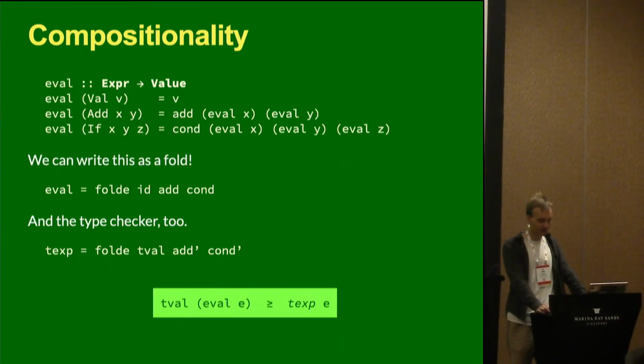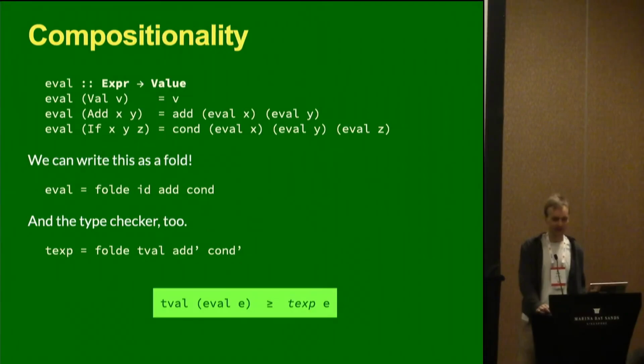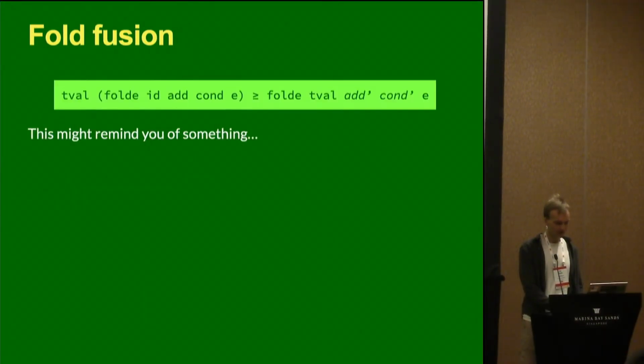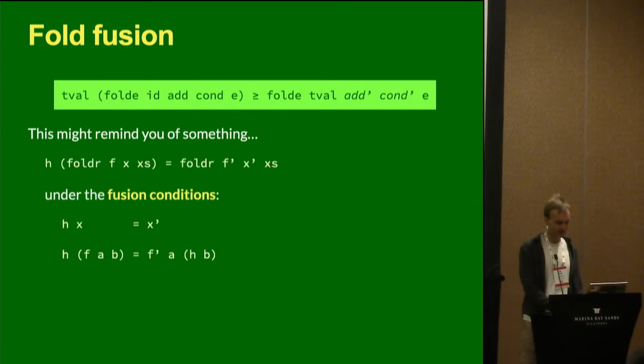Cool. Here's our specification again at the bottom. And let me just substitute these definitions in, right? So we're going to write this in terms of the folds instead. Maybe this reminds you of something. Maybe not, but maybe. Let me, again, suggestively put something on the screen. This is the fold fusion law.